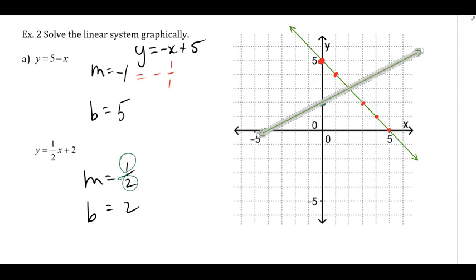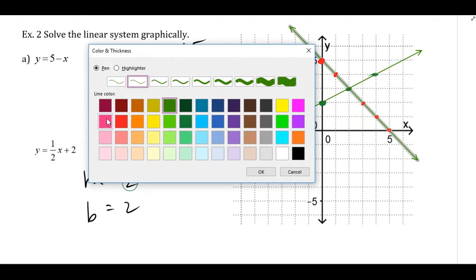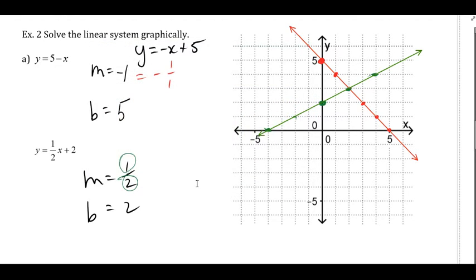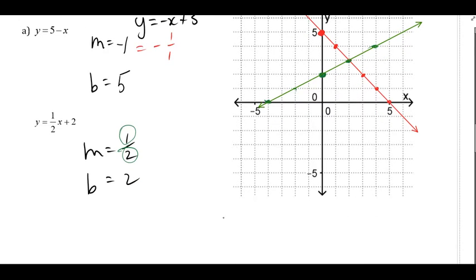And the whole point of this was to find the point of intersection, which we found. Oh, no, we say, therefore, point of intersection is, somebody read that?